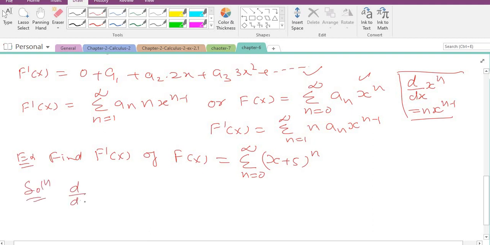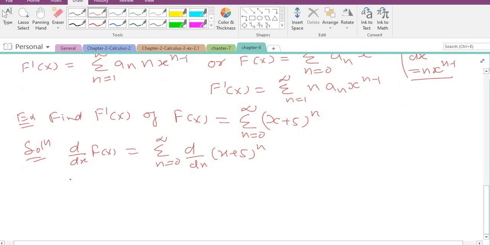That means d/dx of f(x) is equal to the summation from n equal to 0 to infinity of d/dx of (x + 5)^n. When you differentiate this one, we can say f'(x) is equal to the summation, because it started from 0, so you have to start from n equal to 1 to infinity, and d/dx of (x + 5)^n.